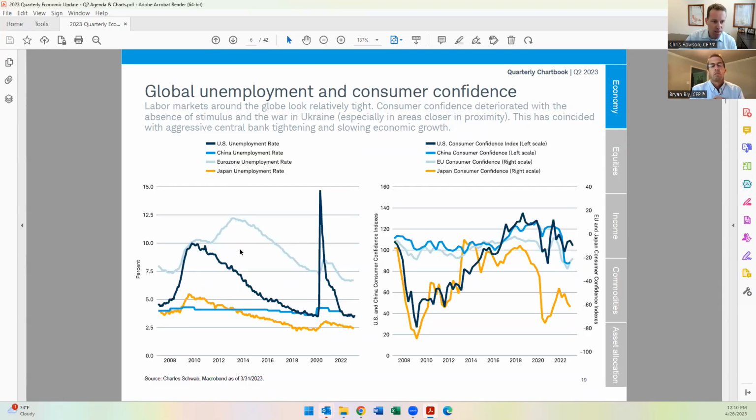So 10 years ago, unemployment in Europe was higher than it is now. And in Japan, you see unemployment quite low as well. This is very, very positive for the globe in general, although on the flip side, it's also what's driving inflation, because so many people are working and there are so many dollars floating around. The definition of inflation is more and more dollars chasing the same or fewer goods and services. That's the definition of inflation.